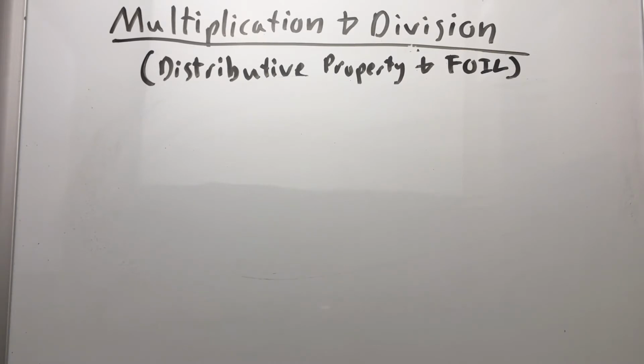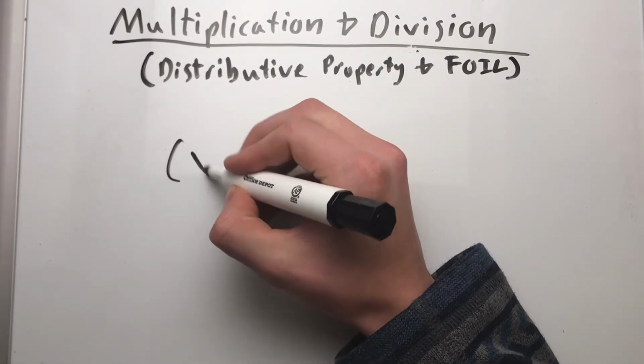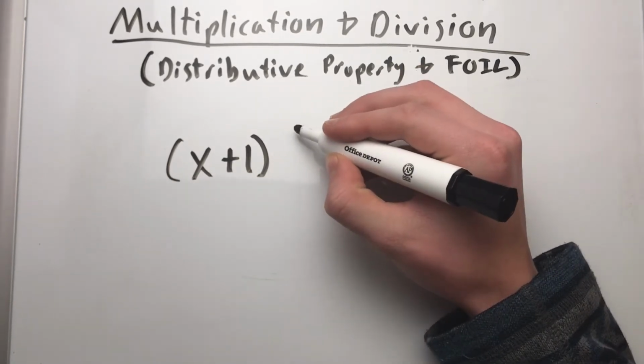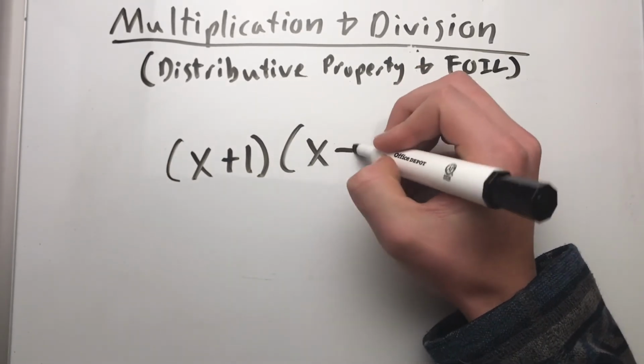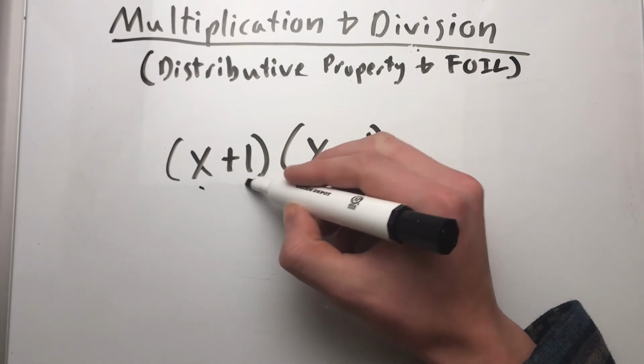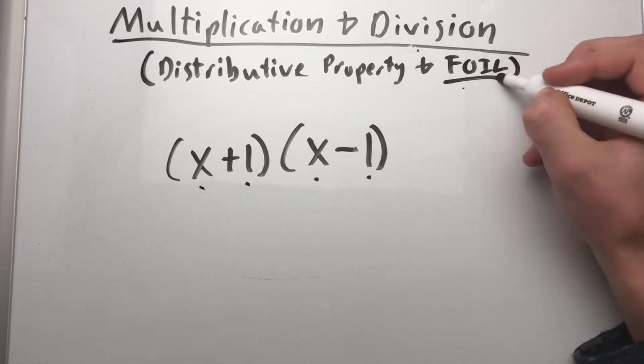But what if the thing that you're multiplying by isn't just a single term? What if you are multiplying two polynomials? Well, if you have two polynomials that are each made up of just two terms, then there is an easy method, and that method is the FOIL method.